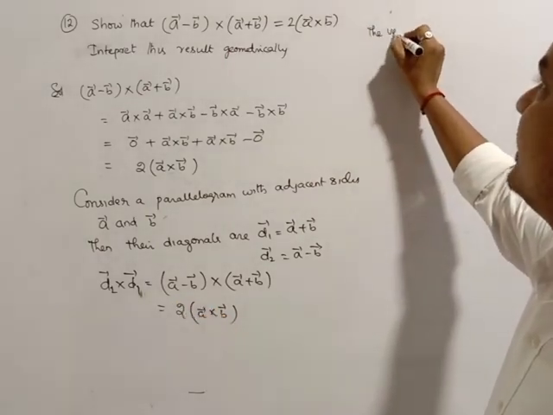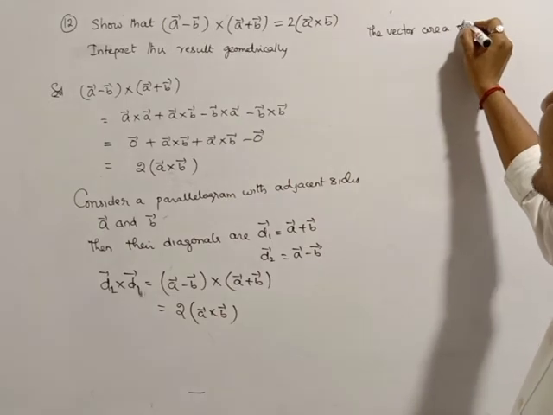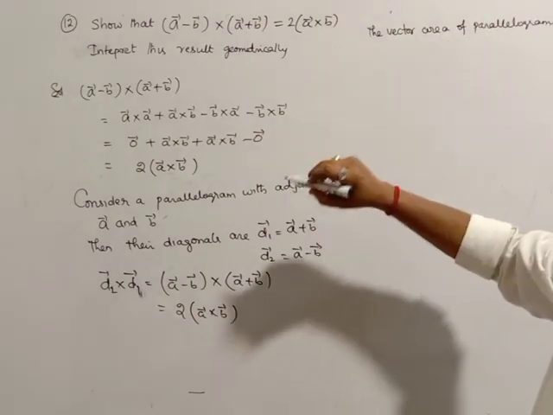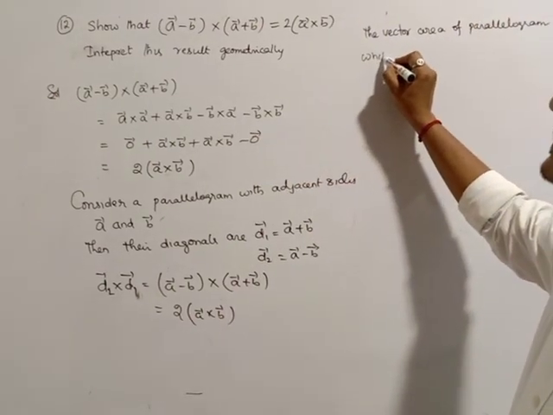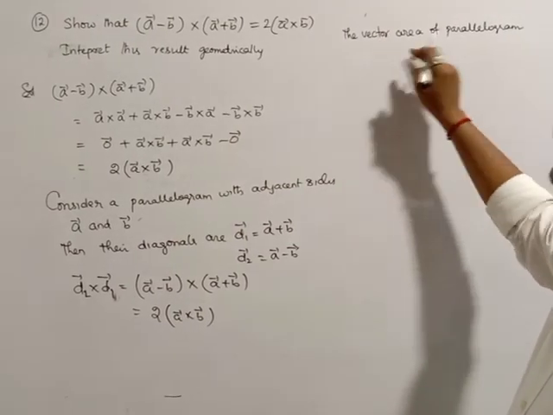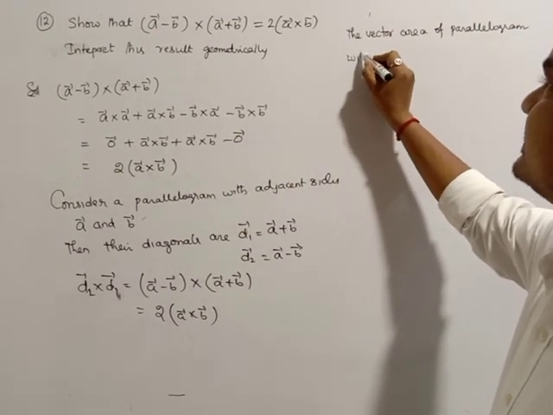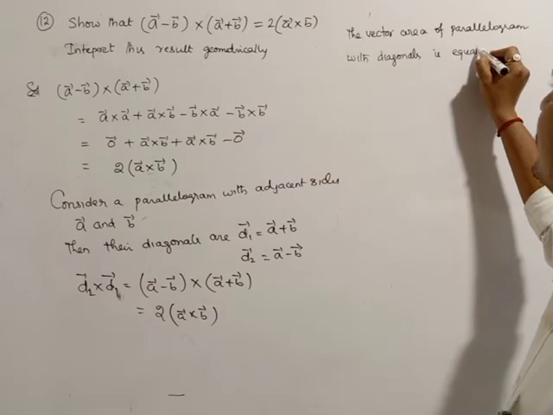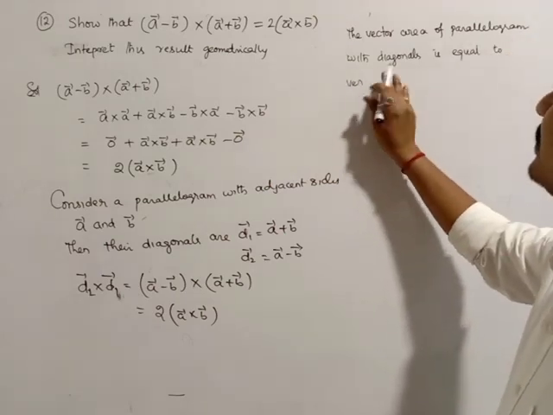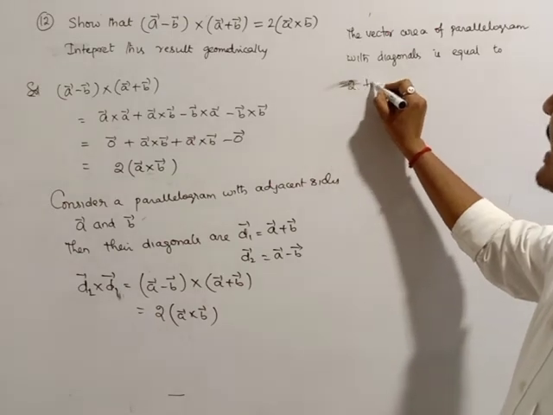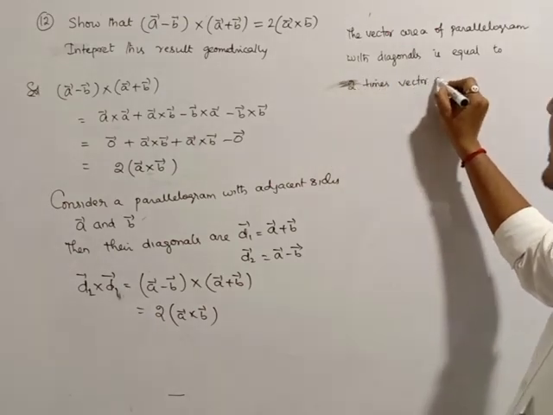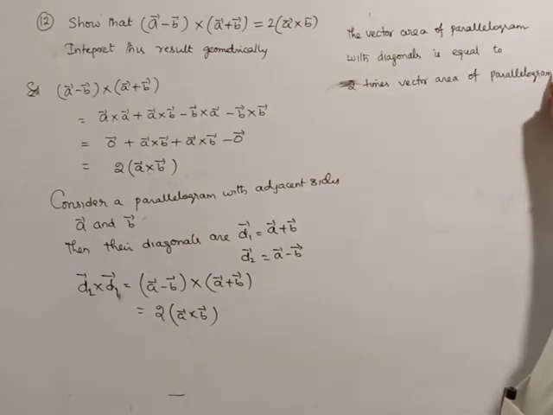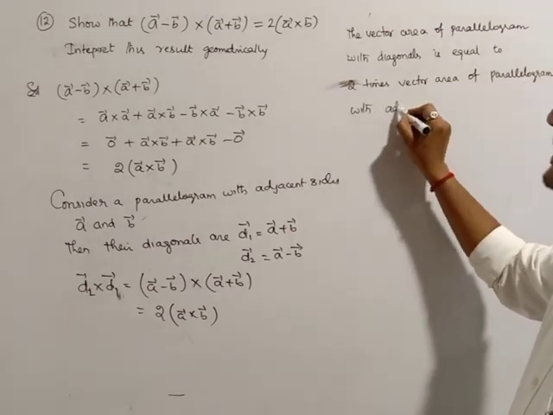So finally, the vector area of the parallelogram with diagonals is equal to 2 times the vector area of the parallelogram with adjacent sides.